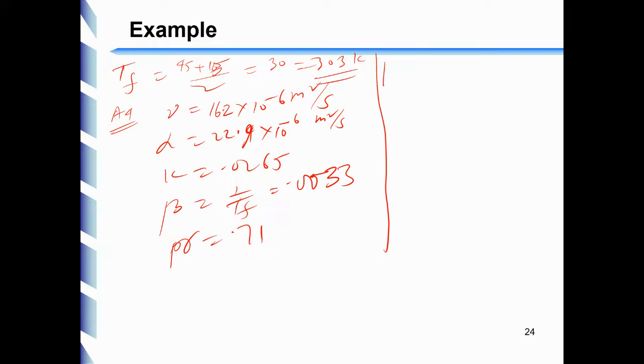So here Ra equal to g beta delta T L cube by Prandtl number.